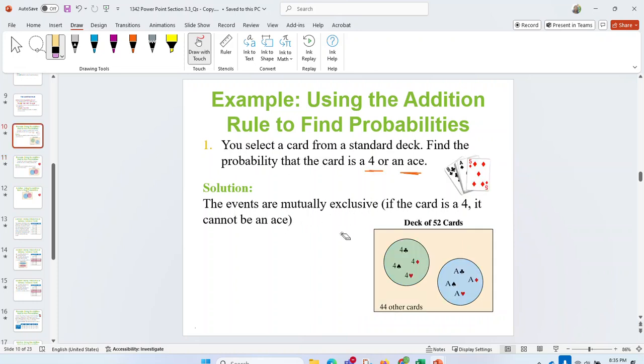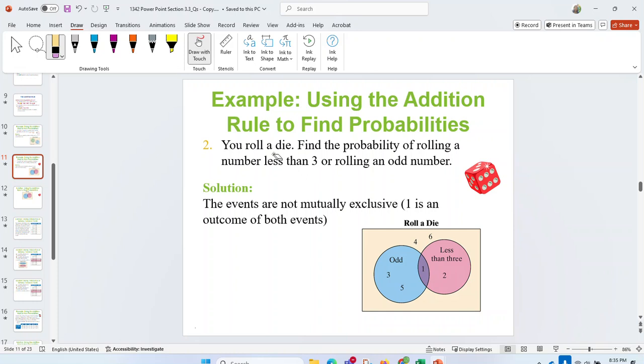Another one is rolling a number less than 3 or rolling an odd number. What is a number less than 3? You can have 1 or 2. You have a die with 1, 2, 3, 4, 5, 6. Less than 3 can be 1, can be 2.